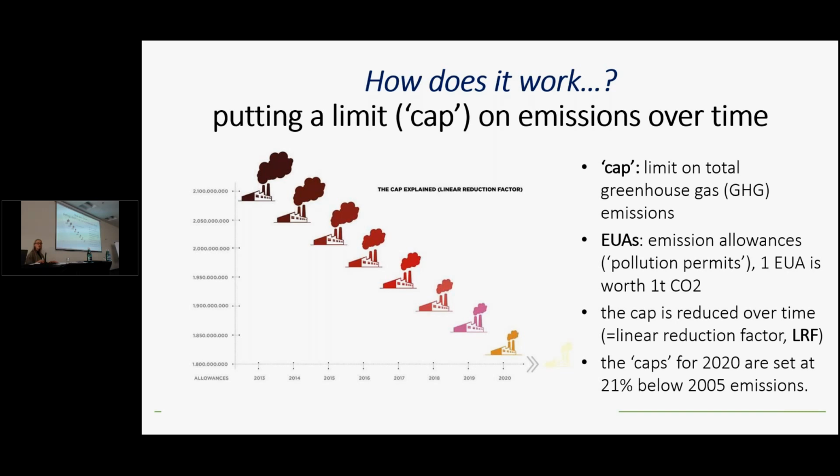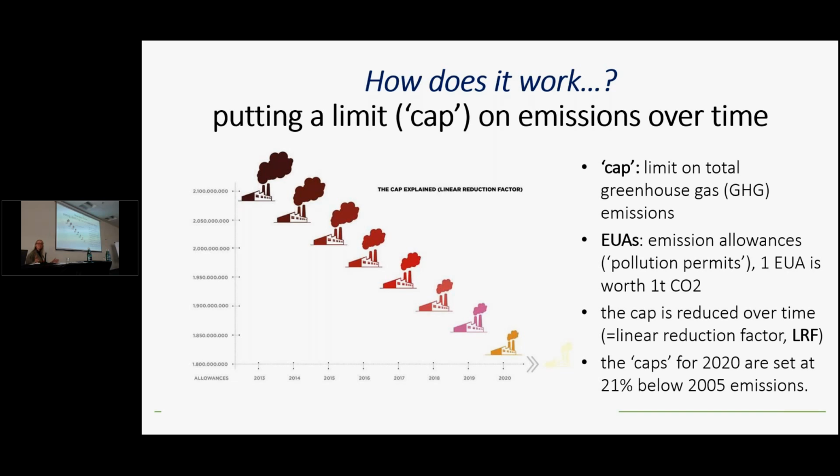These allowances are given only for one year. And at the end of the year, they kind of disappear. No, they're auctioned for each year, but if you didn't use it one year, you can use it in the next. Okay, so if you got too many in the first year, then you can sell them next year. Yes.